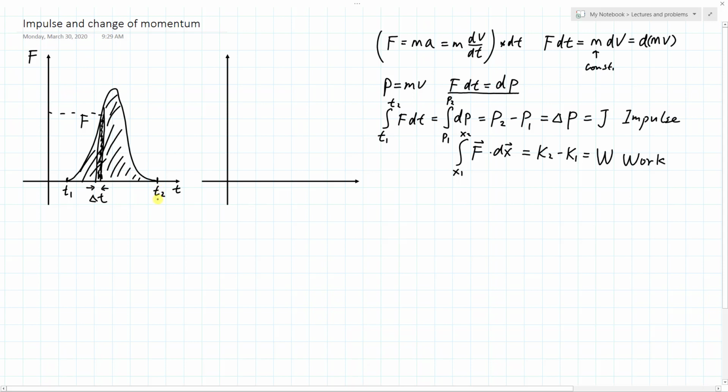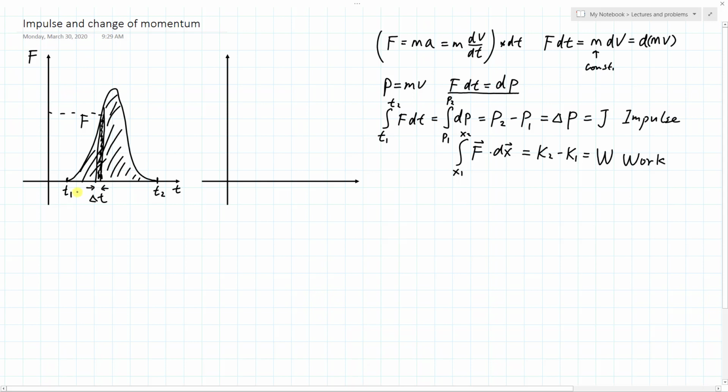Okay, so if we have no knowledge of the shape, that means we won't be able to find the area by slicing, right? We need to know the envelope in order to find the area. So let's assume that we know T1, we know T2, we know the whole big delta T, this whole duration, which could still be a relatively short value.